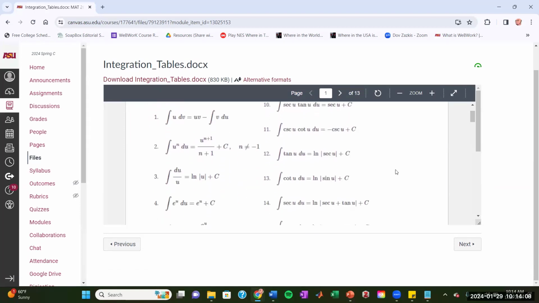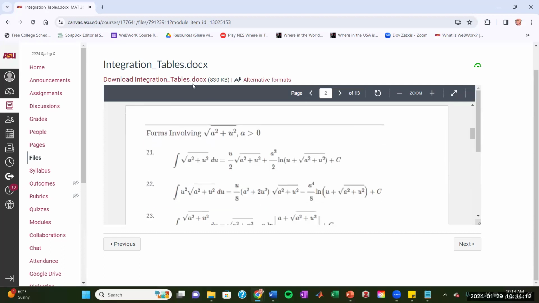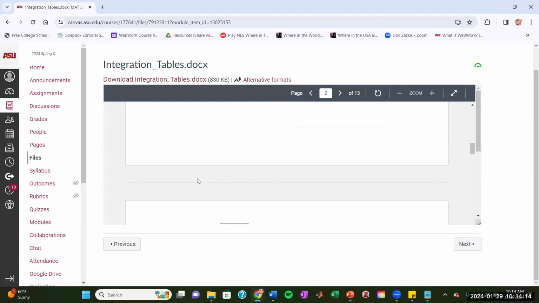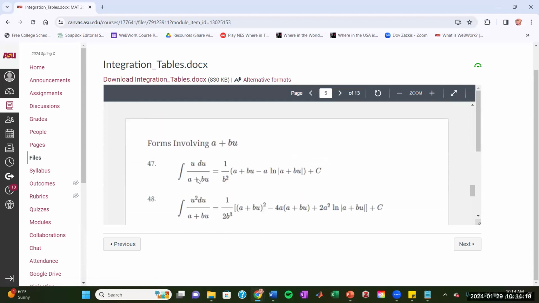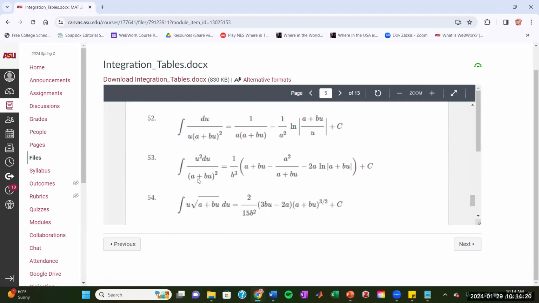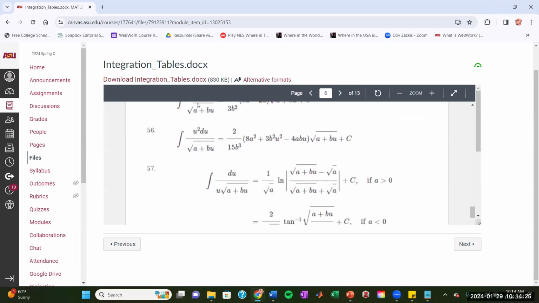That's where these are, and they're not included. So there's a Word document in that module that has all of these in there. This next section is about how to use these integration tables, and you won't be able to do that unless you have access to them. So they're on Canvas now.